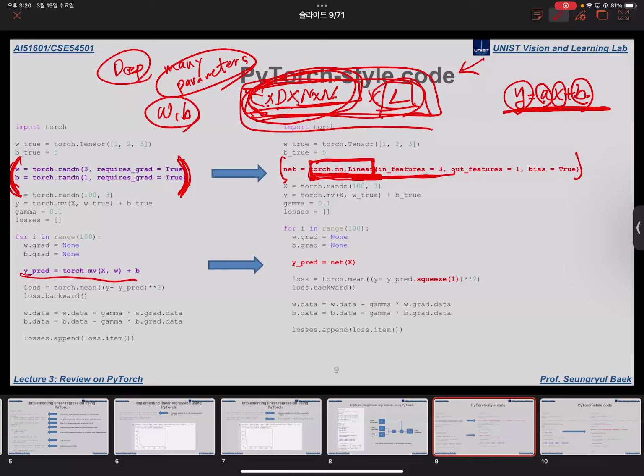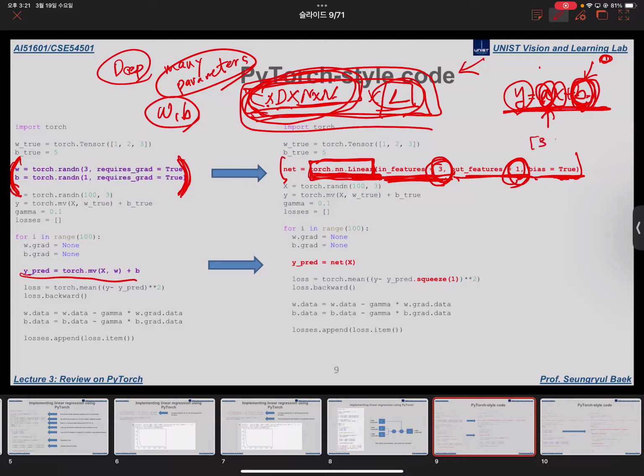So here we can define it like this: input feature dimension is 3, and output feature dimension is 1. And bias means we can set this as 0, but if you set this as true, then you will have parameter B as well. So by defining this like this, the dimension of this W or A variable is also decided.